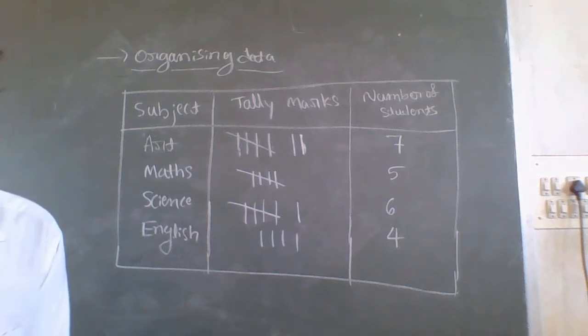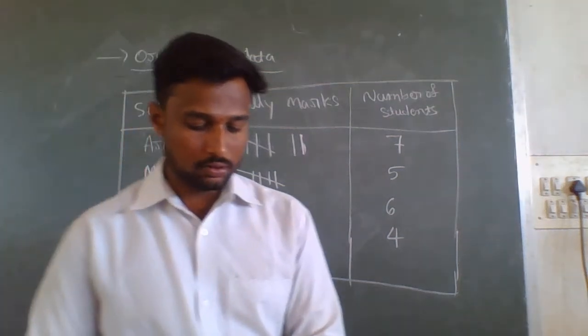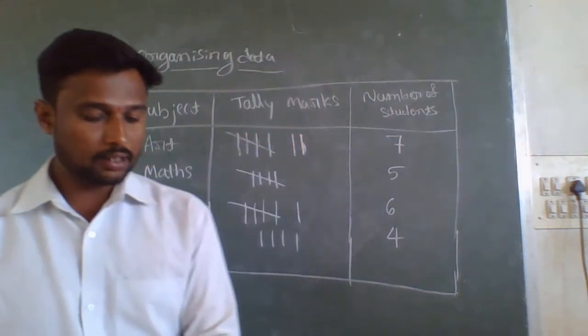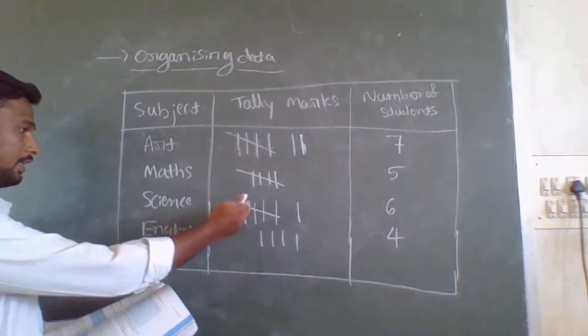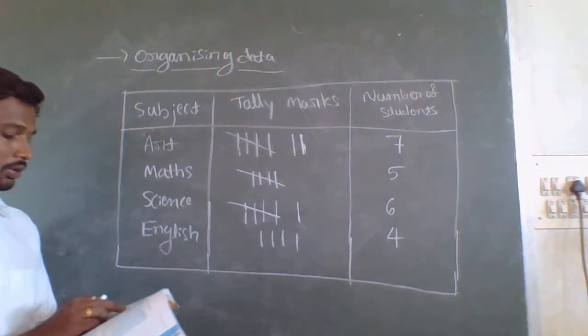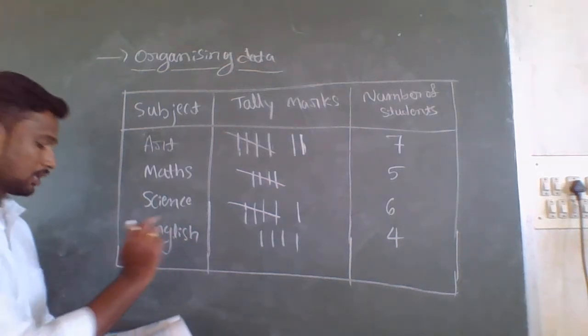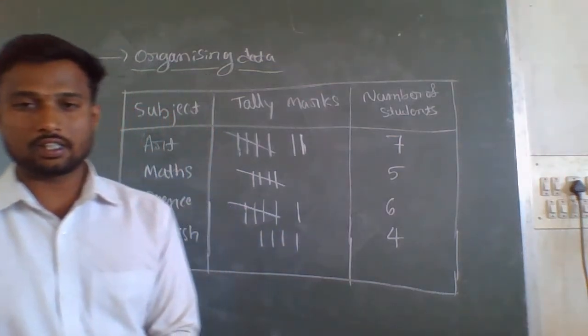The number of tallies before each subject gives the number of students who like that particular subject, and this is known as the frequency of that subject.